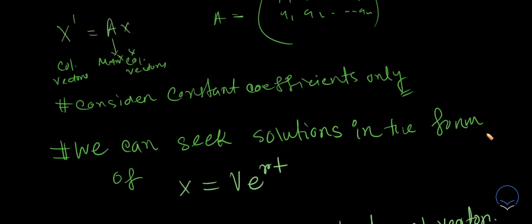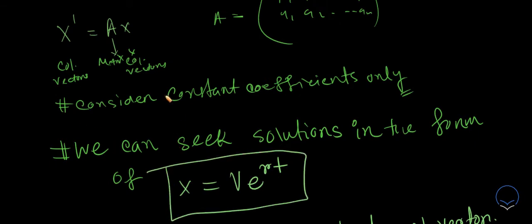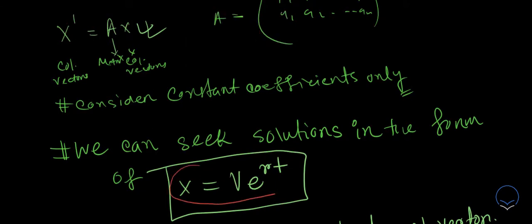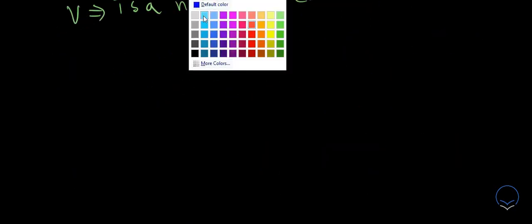Now if you use the definition of X, that is the type of solution you are seeking, and the system of equations you are trying to solve, and combine these two, you will get the following.